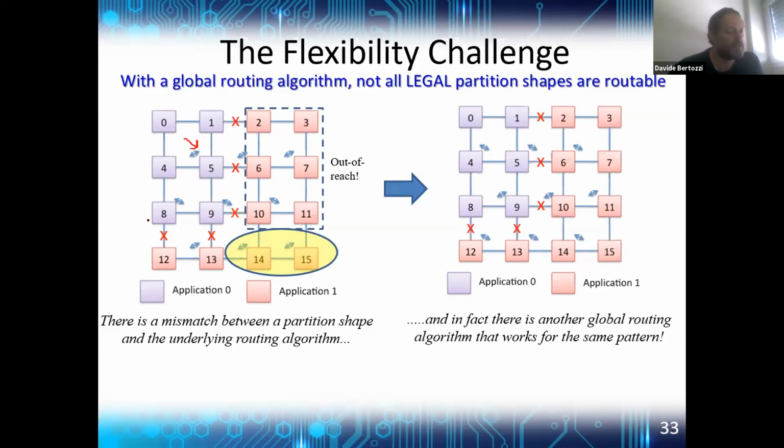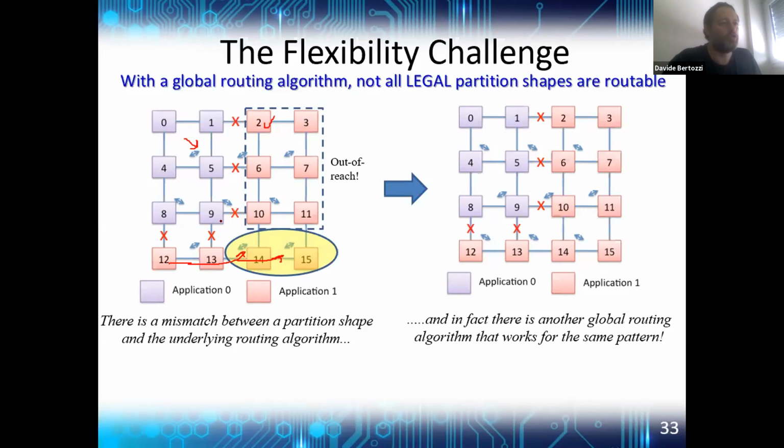You have a specific routing algorithm that is encoded by these routing restrictions. If you have a packet from 12 that wants to go to 2 in the right-hand side partition, there is no way to turn north because you have routing restrictions here. Why do you have those routing restrictions? Because they have been placed to prevent deadlock on the topology as a whole.